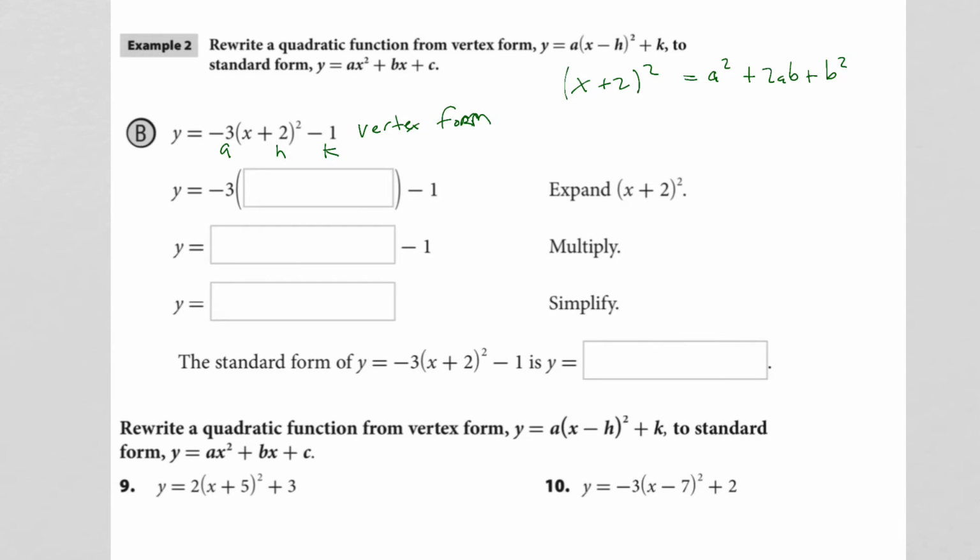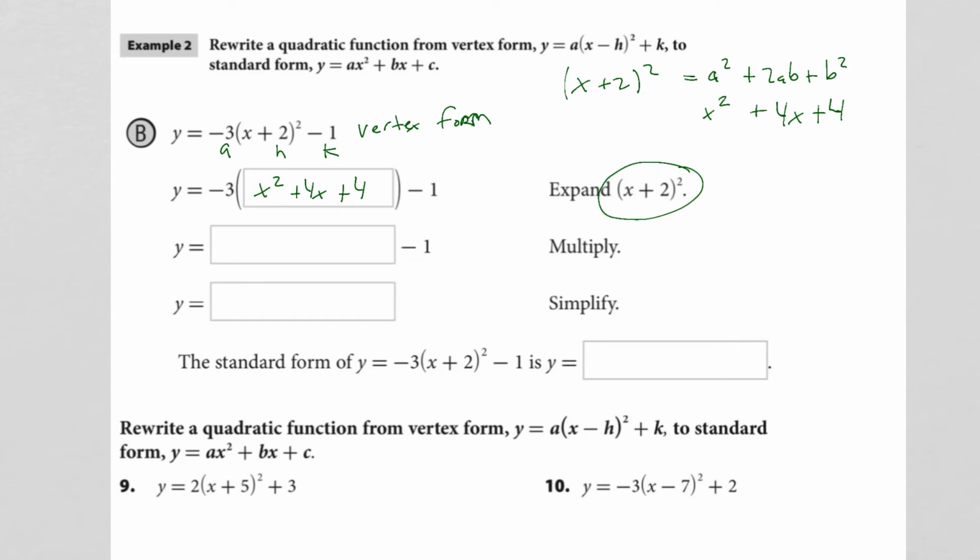Or you could FOIL it. Foiling works. This becomes x squared plus 2 times x, which is 4x, plus 2 squared, which is 4. So we've expanded this part, x plus 2 squared, and you have x squared plus 4x plus 4 in the middle here.